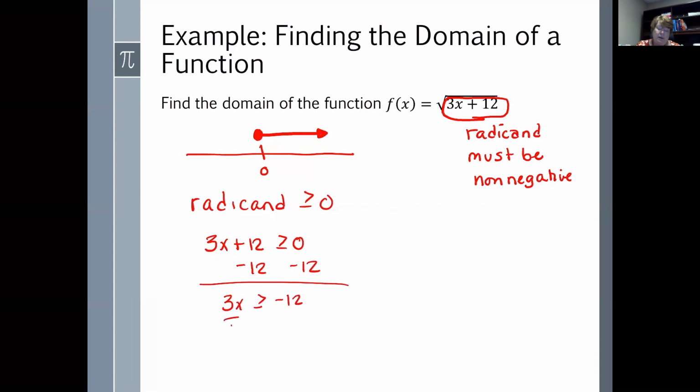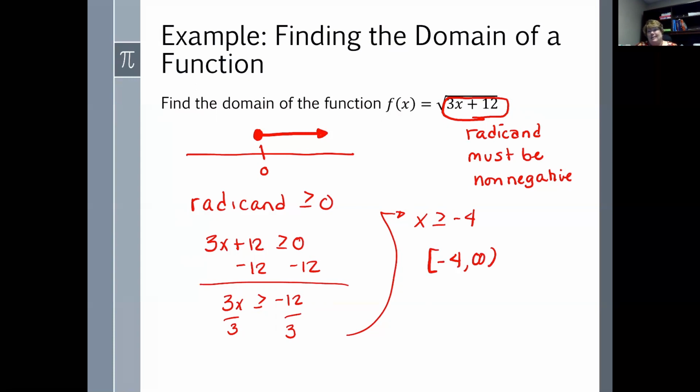I'm going to divide both sides by 3, and I get x is greater than or equal to -4. So how do I write that in interval notation? Well, that would be all the numbers to the right of -4, including -4. So to the right, we start at the number and we go to infinity. So this would be the set from -4 to infinity.